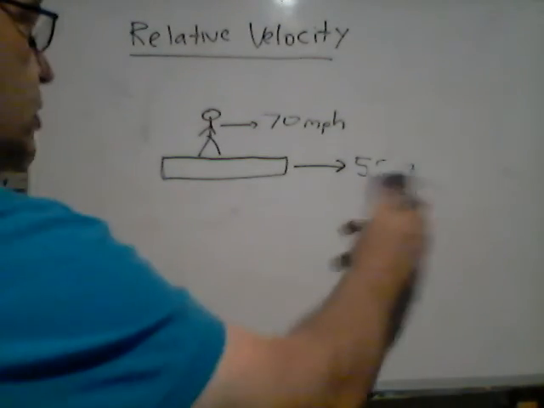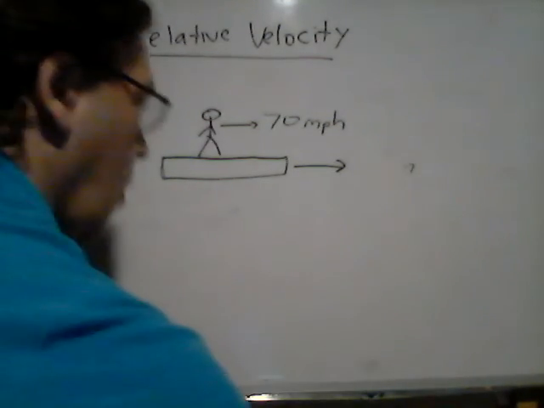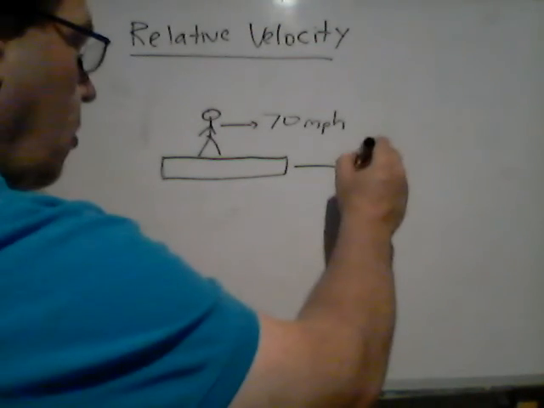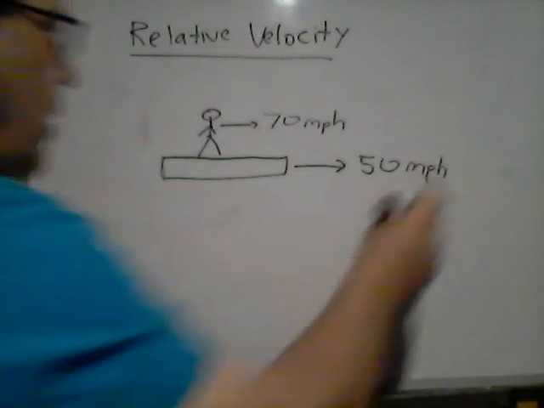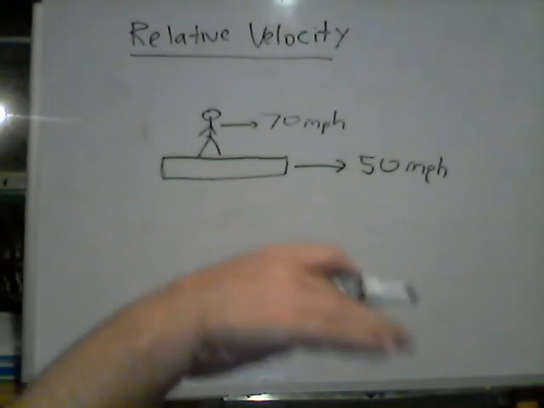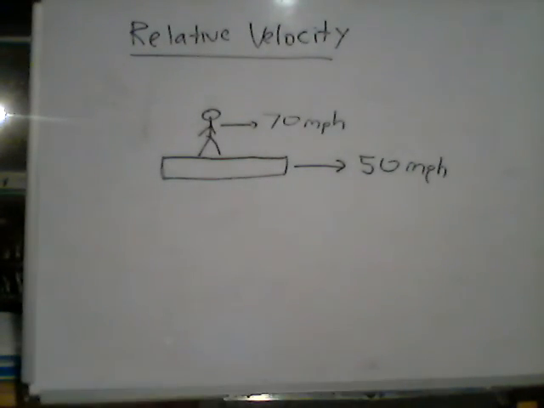Okay? And so you are watching this situation unfold. And let's say it's a fairly large flat car, and I am really going at a constant velocity. So essentially, unless I can see far enough, I have no idea that I'm even moving.